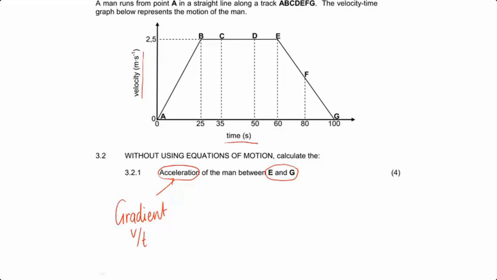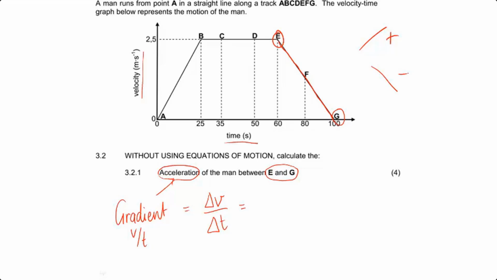Because the gradient is rise over run, and rise here is change in velocity, and run is period of time, delta t. So we need to get the gradient from E to G. So there's E and there's G. So we can immediately see this is a negative gradient. Remember, positive gradient slopes up and negative gradient slopes down. And why that's so, we'll also see as we do the calculation.